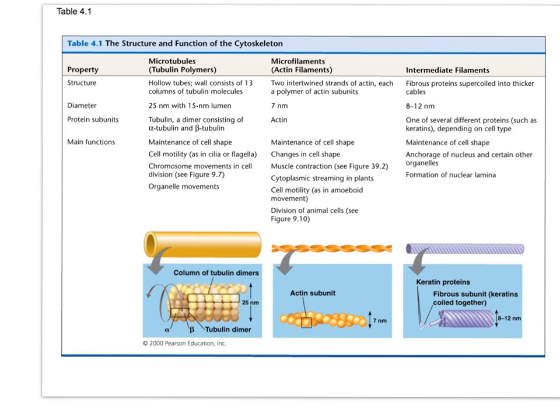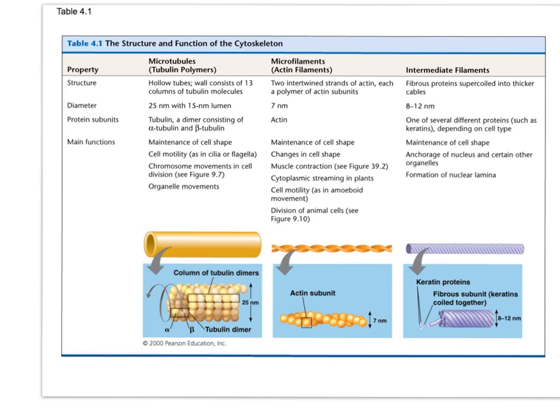They function in maintenance of cell shape, cell motility, especially in cilia and flagella. We know what cilia do. We know what flagellum do, right? Microtubules make up the structure of those two motile structures, cilia and flagellum.